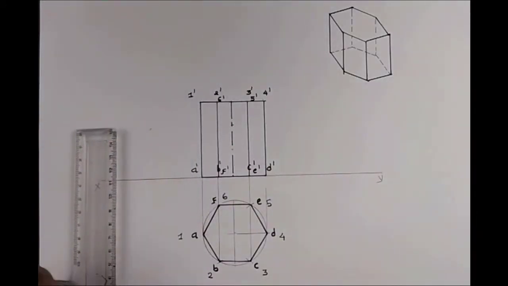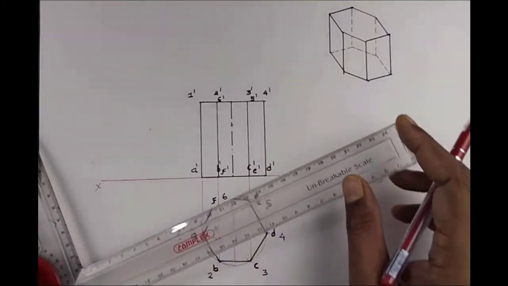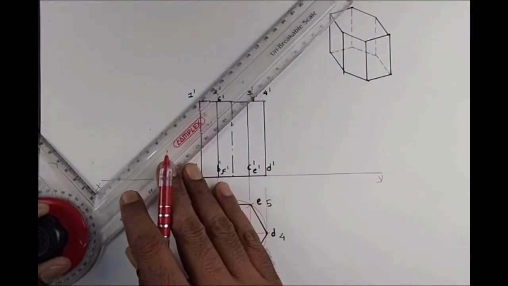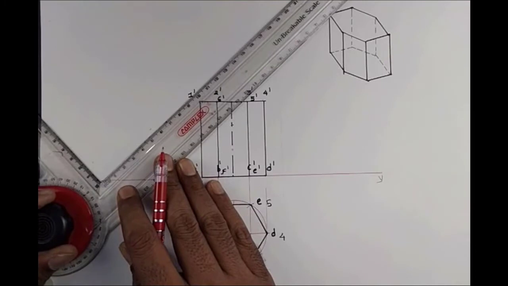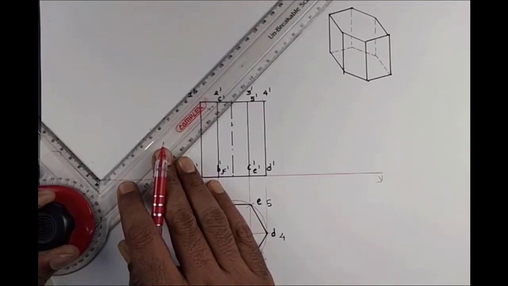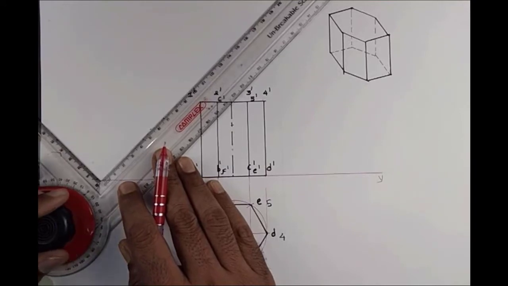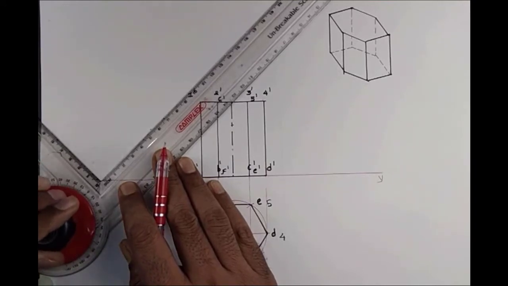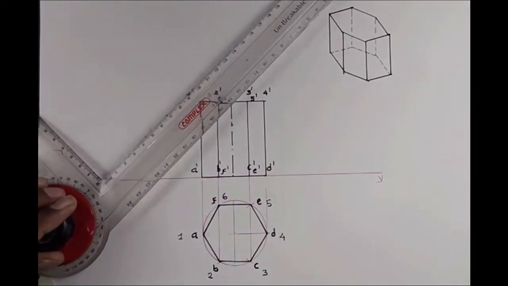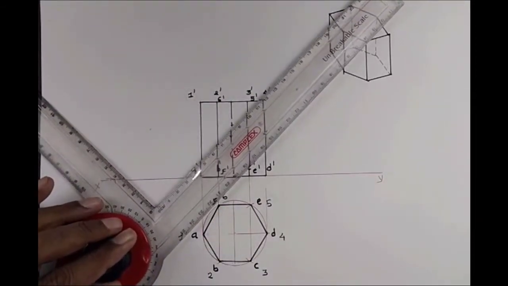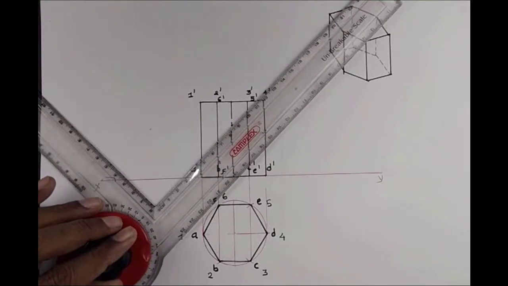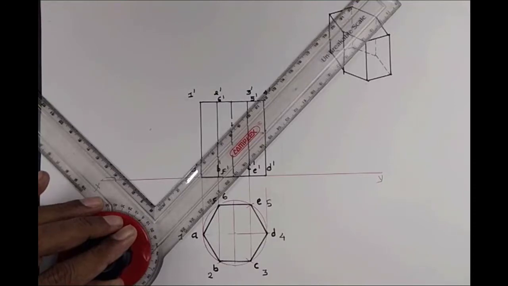Then our cutting plane is inclined to HP and perpendicular to VP at 45 degrees, passing through the point 40 mm above the HP on the axis.